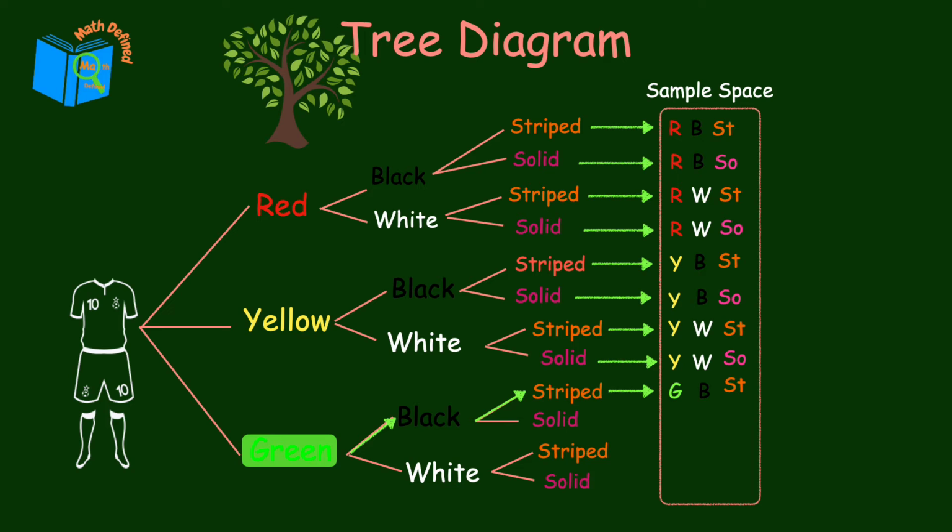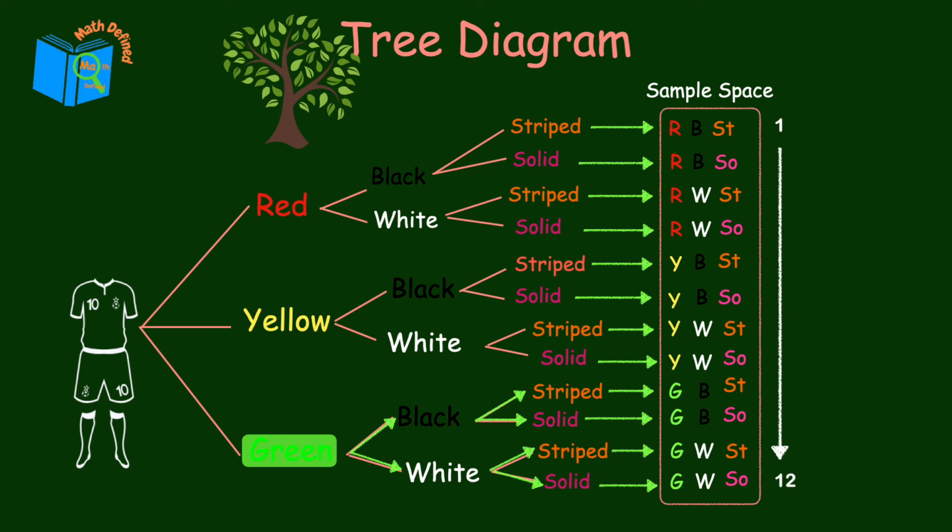Green shirt, black shorts, solid socks. Green shirt, white shorts, striped socks. And green shirt, white shorts, solid socks. And that's it. All the paths have been followed, and every uniform combination is listed. So how many total uniform combinations do we have? Let's count them. There are 12 combinations in all. That's our complete sample space.